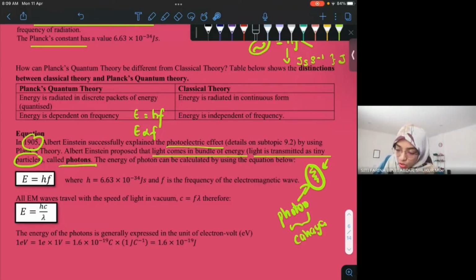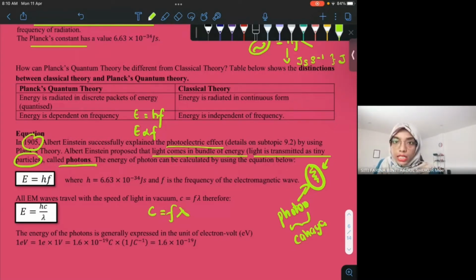Okay, and we know all this light, or EM wave, is going to travel with the speed of light in the vacuum. And we know speed of light in the vacuum, c, is equals to f lambda.